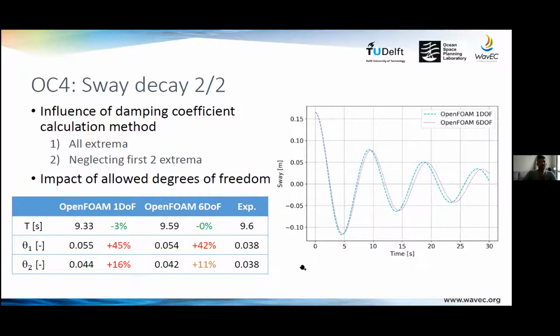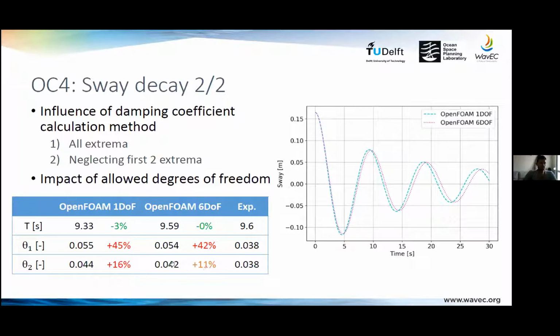If we then apply the 6 degrees of freedom, we can see it actually does make a difference whether we apply 1 or 6 degrees of freedom. And actually, we were able to match the natural period with OpenFOAM even better.